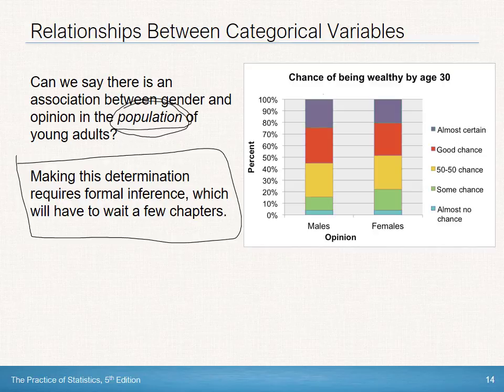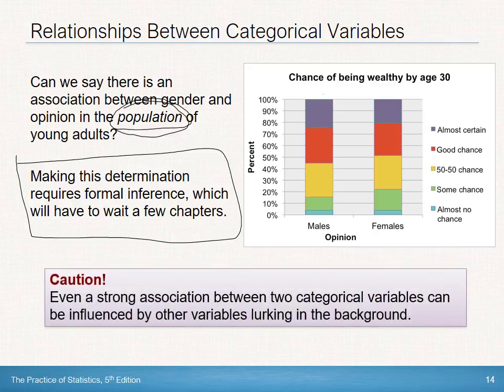If questions are asking you about, does a sample give us any representation of a population at this point, the answer is we can't really make that determination. Even a strong association between two categorical variables can be influenced by other variables lurking in the background. Confounding variables. We talked about that in chapter 4, there could be something else that's making it look like they're the same. So just keep that in mind.